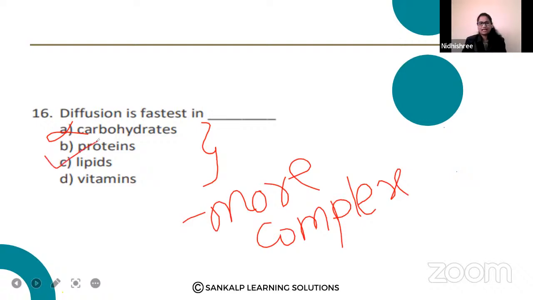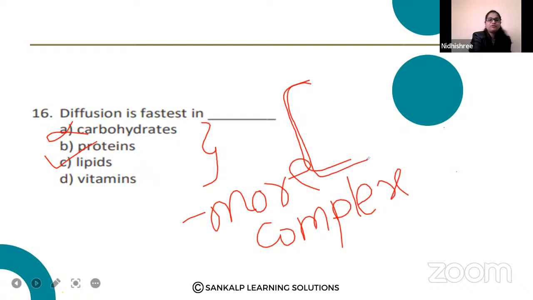How lipids, madam? As we are discussing plants, diffusion takes place through the plasma membrane in the plant cell, and the plasma membrane is made up of a phospholipid layer. We know that, right? We call it the bilayer of phospholipids. That means the membrane itself has lipid molecules.